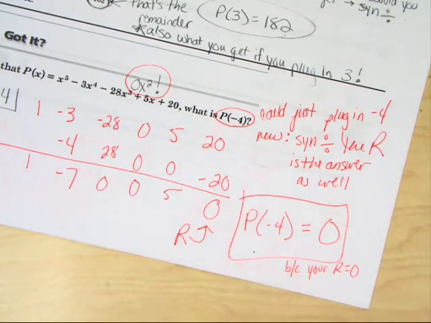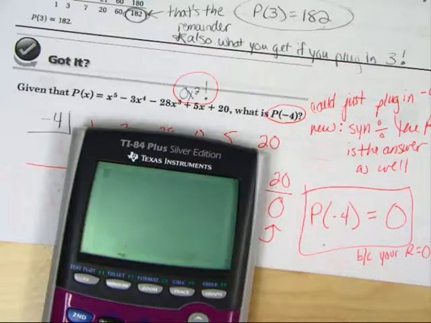Now, if you don't want to watch this, you don't really have to, but I want to show you that that is in fact the case here. I want to show you on your calculator how you can get the same thing as what we just did. So we're going to take x to the 5th. Instead of x, we use negative 4 to the 5th.